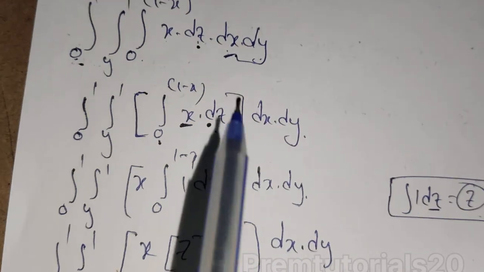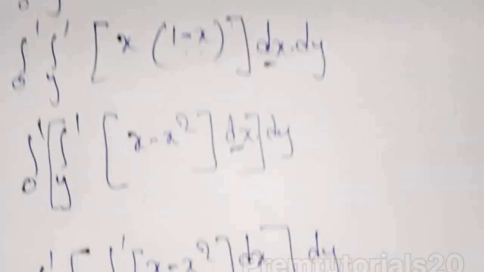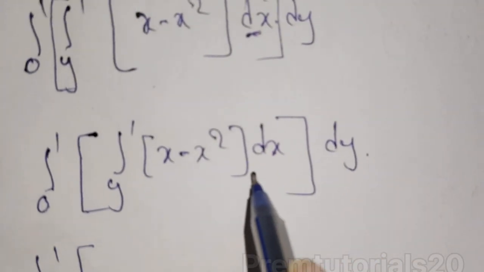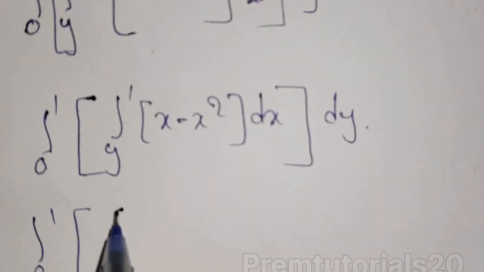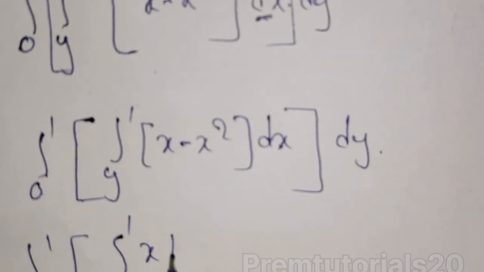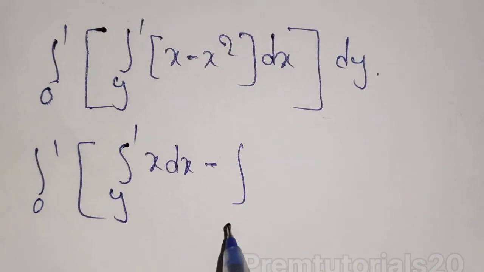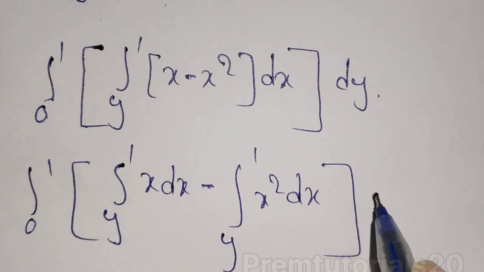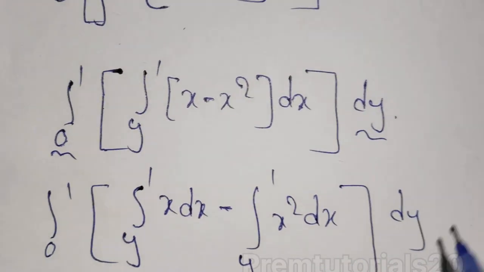Initially we took dz, after that we go with dx. Now integral 0 to 1. What do we get with respect to x? x minus x square, so integral y to 1 x dx minus integral y to 1 x square dx, whole dy. Here dy will be mute.